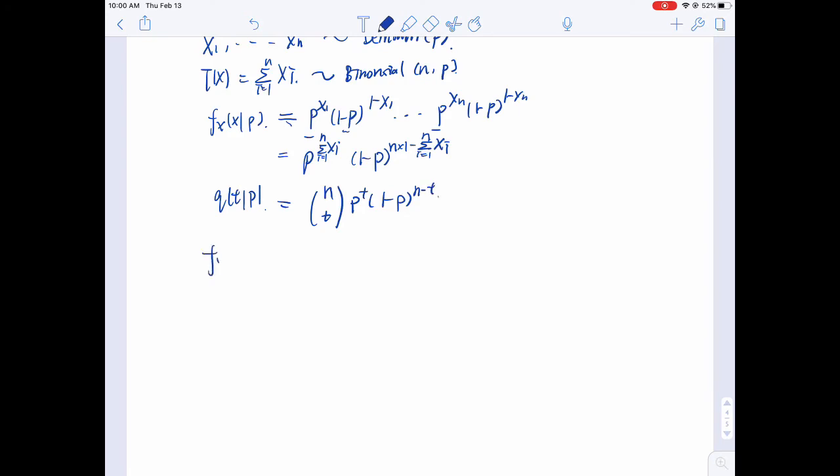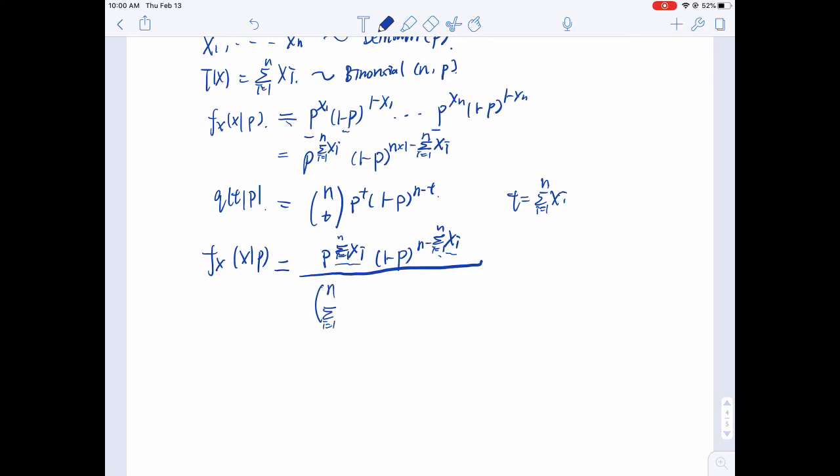Now let's take the ratio. In the numerator, this is what we have. I'm basically copying down what I wrote before. In the denominator, we're going to do a little trick here. Because we know T is equal to the sum of xi, in order to cancel out these terms, it's better to substitute T for the sum of xi. You'll see why in a moment.